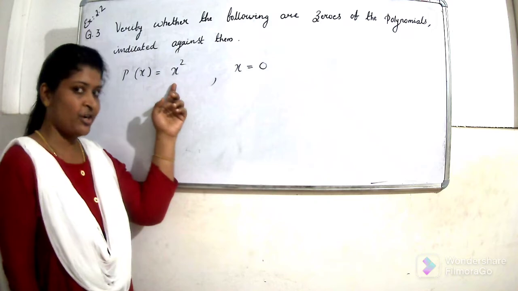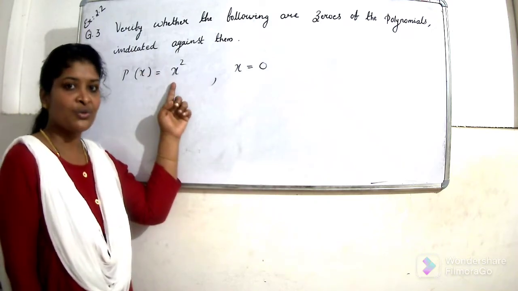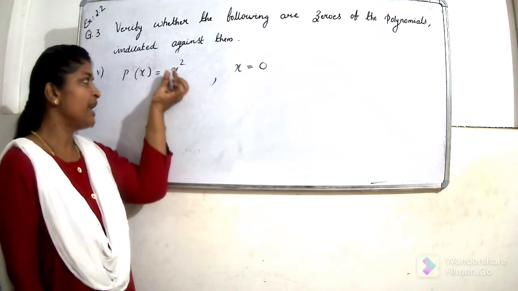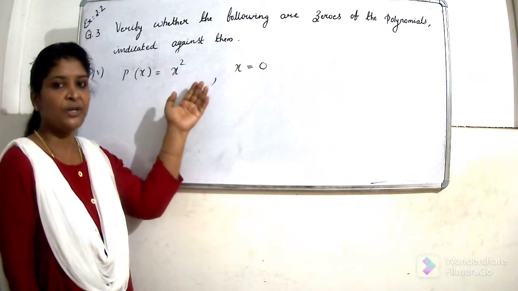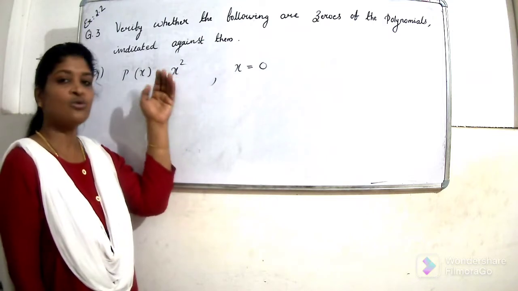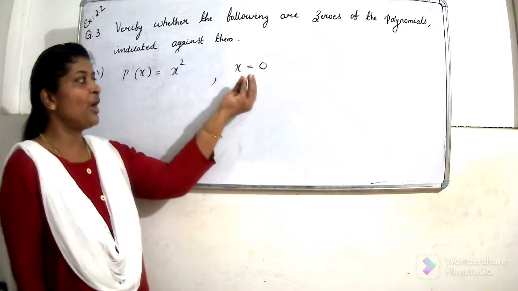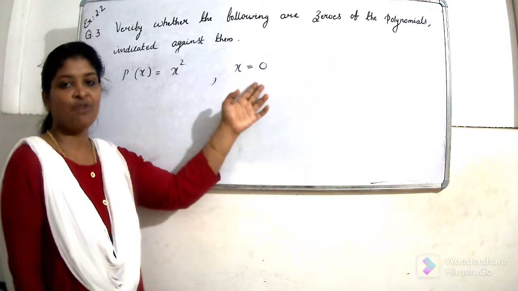Because this is a quadratic, no doubt in that, but at the same time this is a monomial also, no? Only one variable is here, that means one term only. So in that term, which value do we have to substitute? No other operations here. So we have to substitute 0 only. Then we will get the answer 0. So actually there are two values, but both are the same, 0 and 0. That is why it is written only one time.